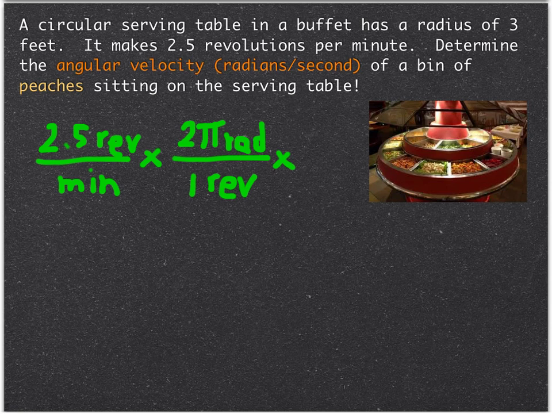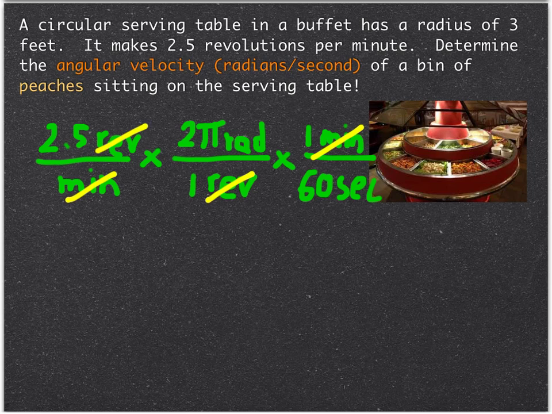And finally, since I want to get it in radians per second, I know that in 1 minute there are 60 seconds. So if we look at our unit analysis and see what cancels out, well, the minutes will divide out, and the revolutions will cancel out.